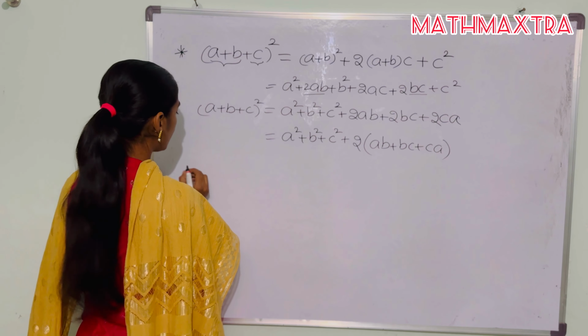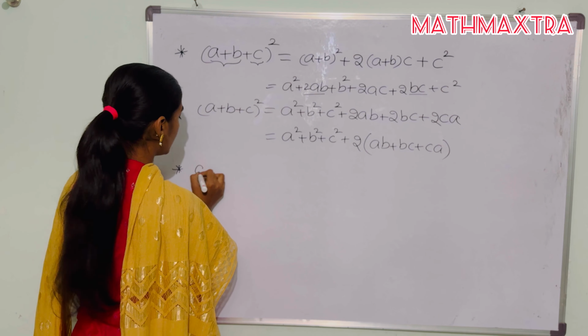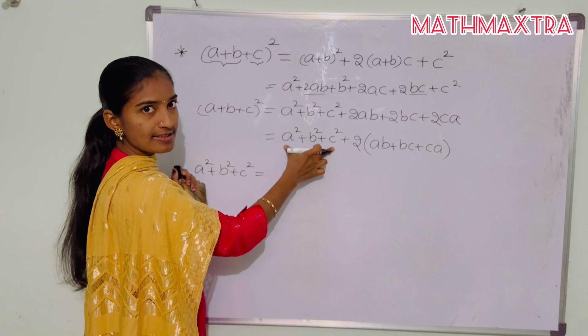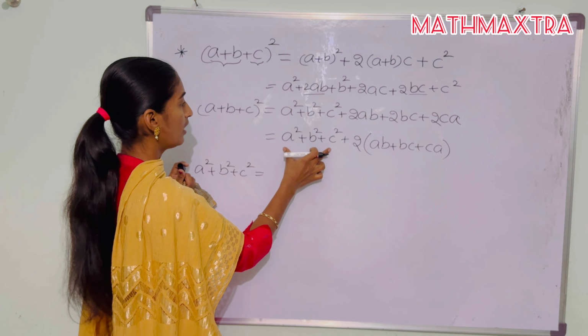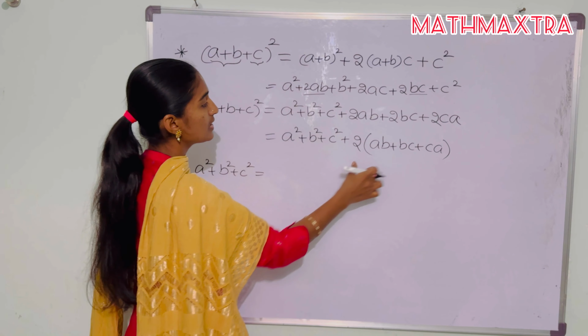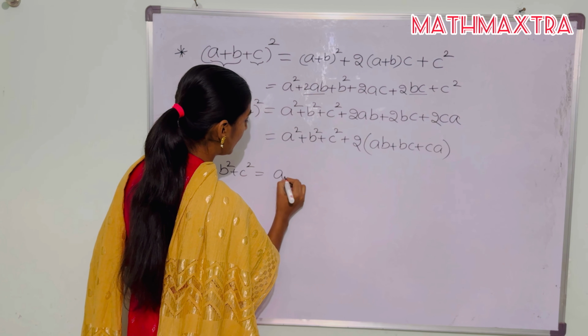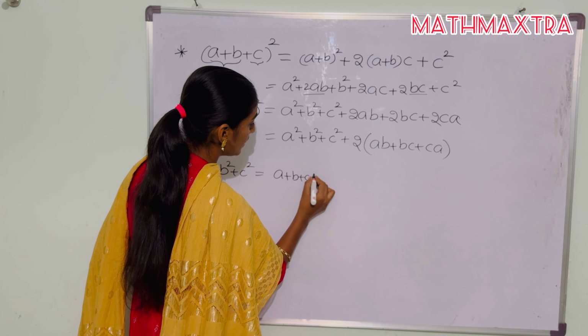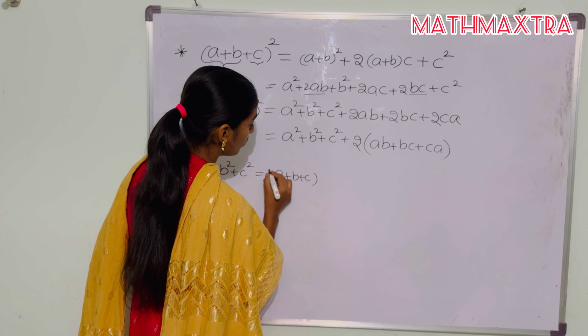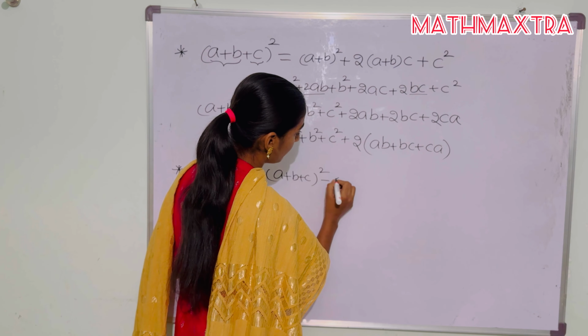If you want to calculate a square plus b square plus c square, what happens? You take this term on this side. (a plus b plus c) whole square is already there, and you bring this term to the left side. What happens?